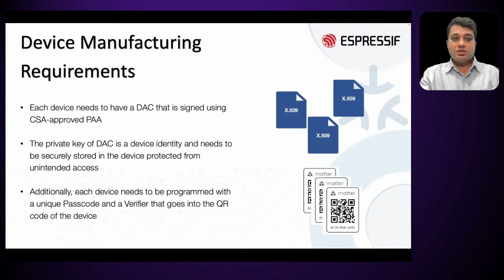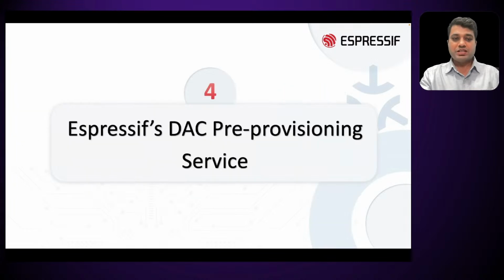Then there is also additional data present in each device, which is basically a unique passcode and verifier, which goes into the QR code of the device. This data is used at the time of commissioning of the device to establish the possession of the device, so that it is used as a proof of possession and also to establish a secure channel of communication.